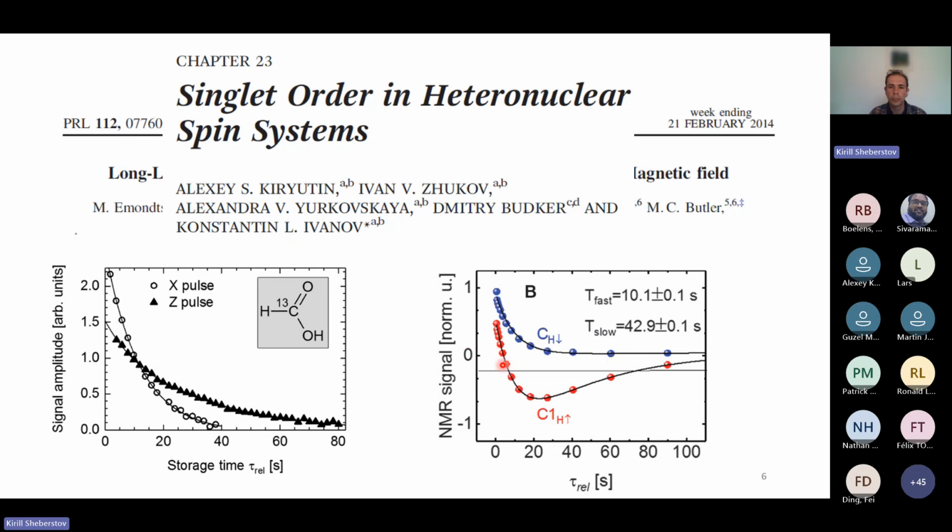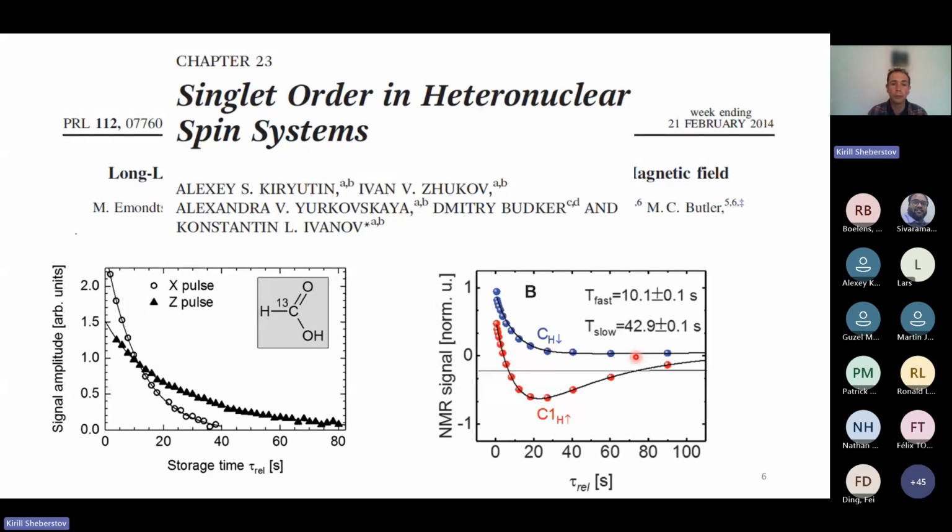It was possible to see that the components of the multiplet in the carbon spectrum exhibit bi-exponential decay, fast and slow, also corresponding to redistribution of the populations within the triplet manifold and between the singlet and triplet states, which is long-lived. So this is a very general approach.